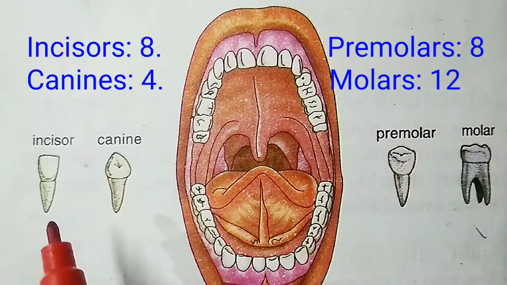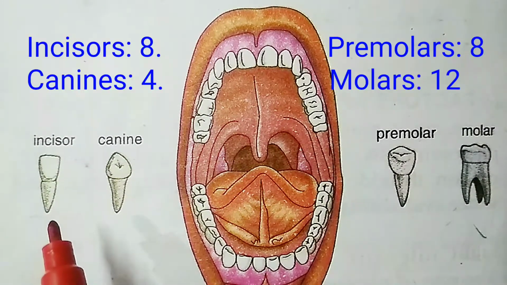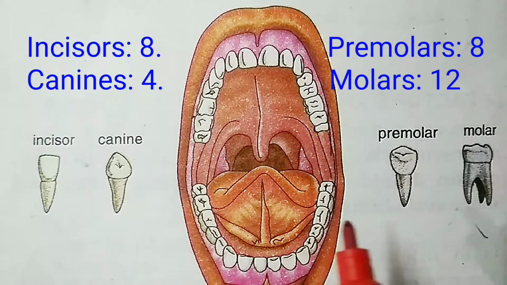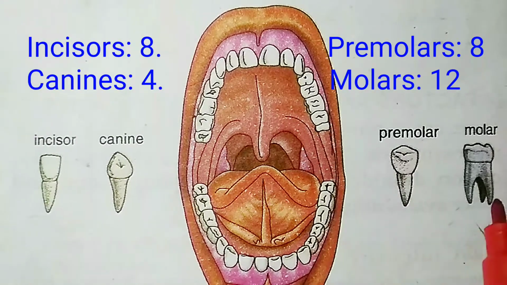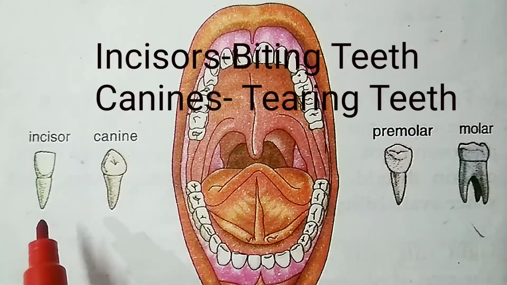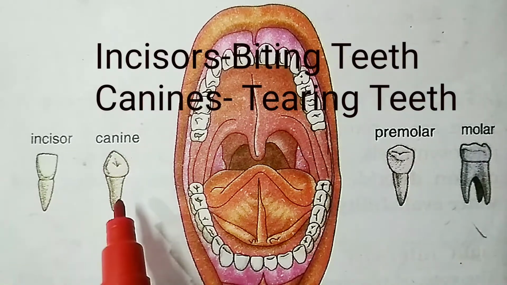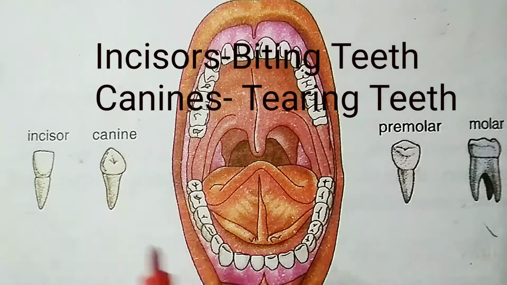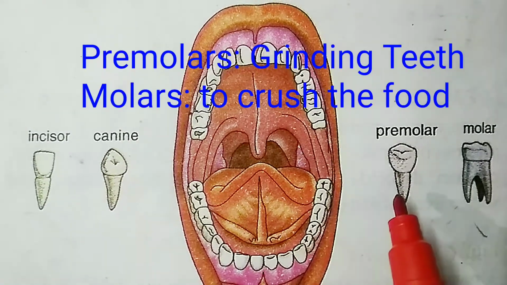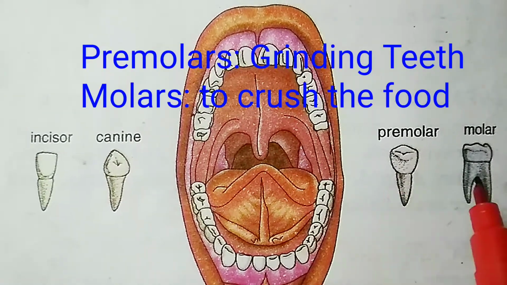In humans, there are 8 incisors, 4 canines, 8 premolars and 12 molars. Incisors are the biting teeth situated in the front of the buccal cavity. Canines are prominently tearing teeth. These premolars are specialized for grinding, and these molars are used to crush the food.